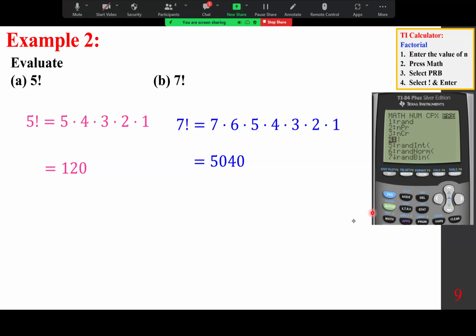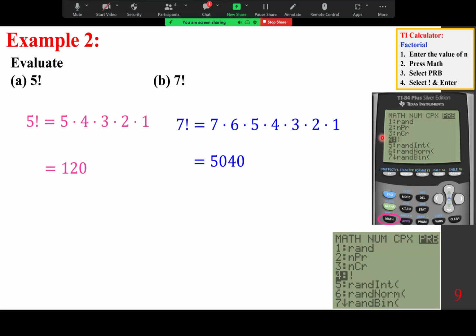You press math, and then you move to PRB, and in this case, it is number 4. Of course, first you put 5, for example. Okay, math. And then this number 4. And for example, if you do 5 factorial, it calculates it for you at 120.